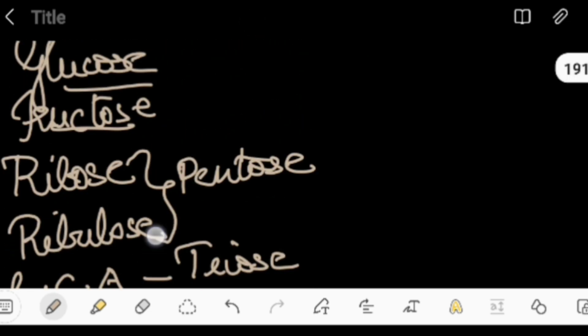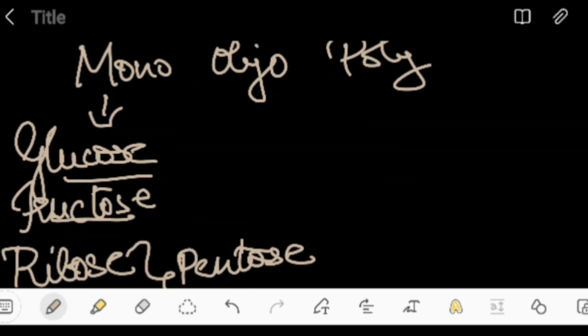Now, if this is what you mean by monosaccharides, then what will be oligosaccharides? Oligosaccharides means from 2 to 8, 2 to 10 monosaccharides, between that. If 2 monosaccharides are combined together, you call them disaccharides. These disaccharides come under the category of oligosaccharides.